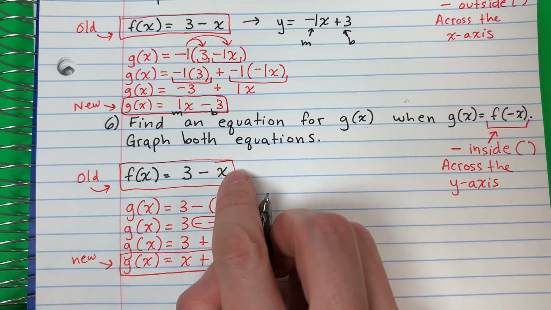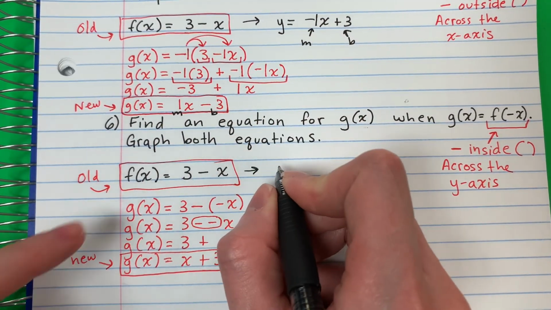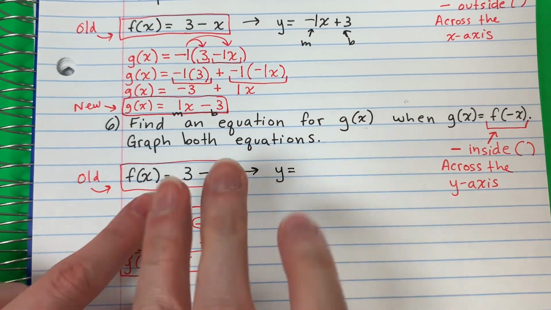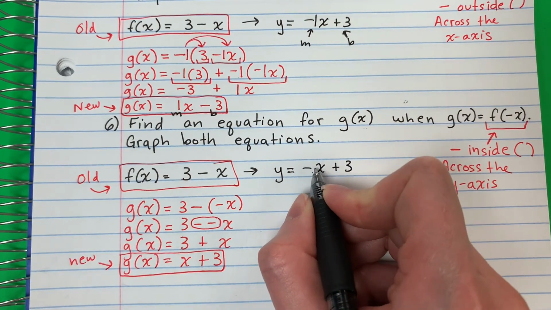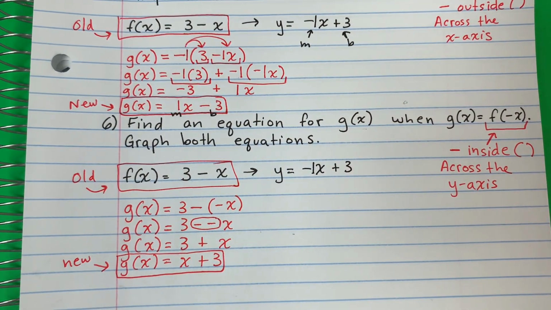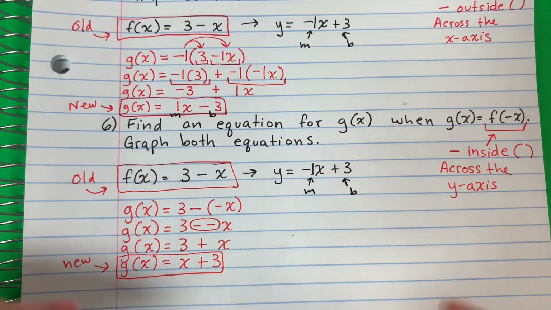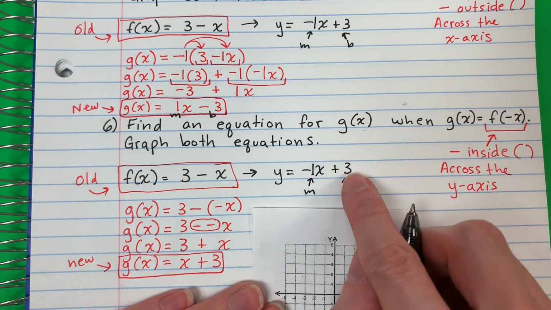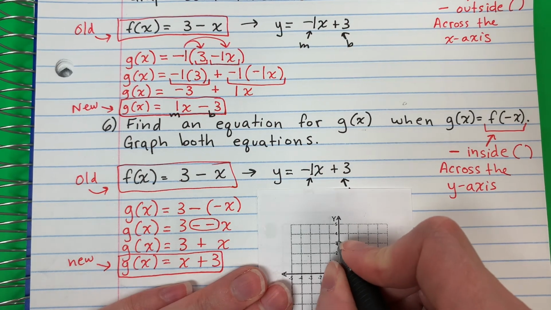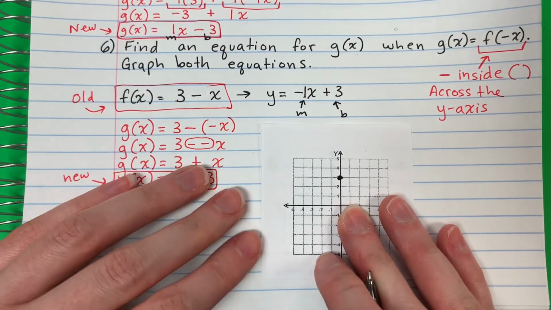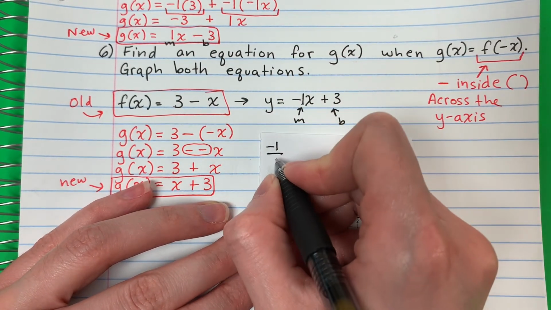Okay, so remember, we're going to need to fix that again, right? We're going to need to fix that. So this is y equals, let's go ahead and switch it, negative x plus 3, no number in front, 1. Okay. This is m, this is b. My y-intercept is 3, y-intercept 3, so I'm going to put 3 here. My slope is negative 1, negativo 1, so I would need to do divided by 1.